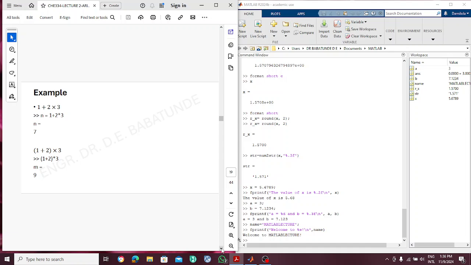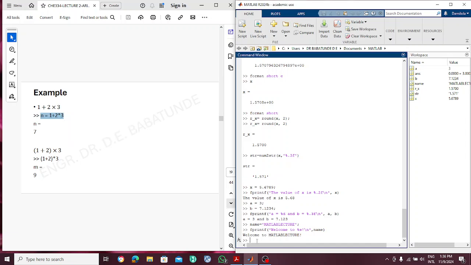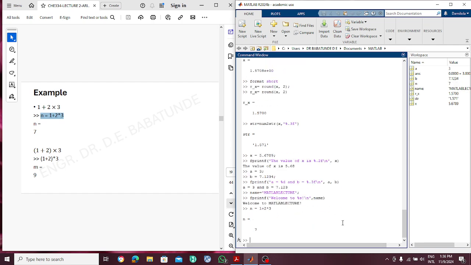So we expect that the solution is going to be 7. So let's create a variable called n and is equal to 1 plus 2 times 3. The symbol for addition is the plus that we are used to. The symbol for multiplication is the asterisk. So MATLAB has given us 7.